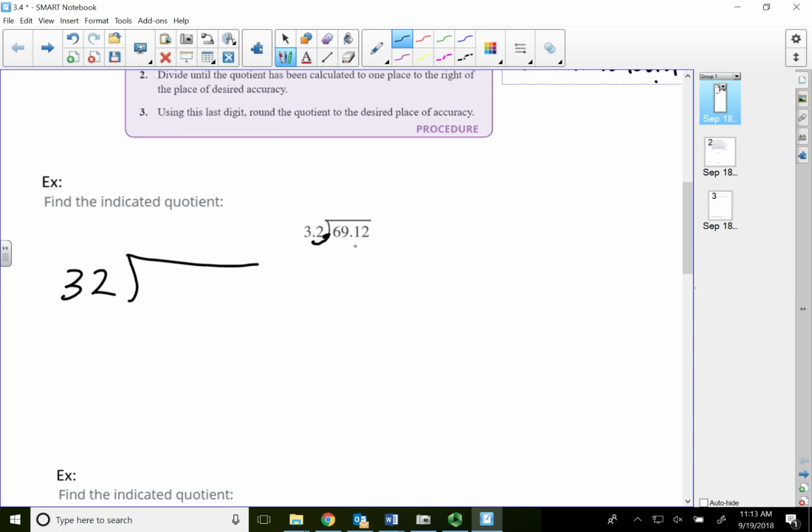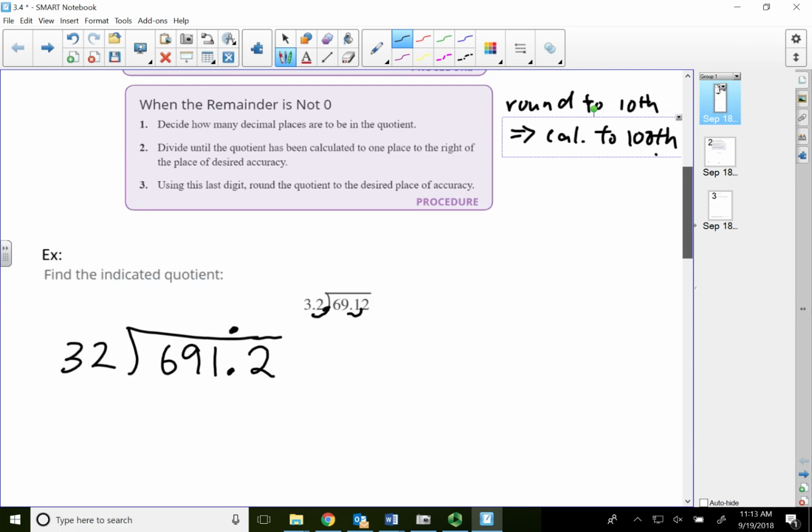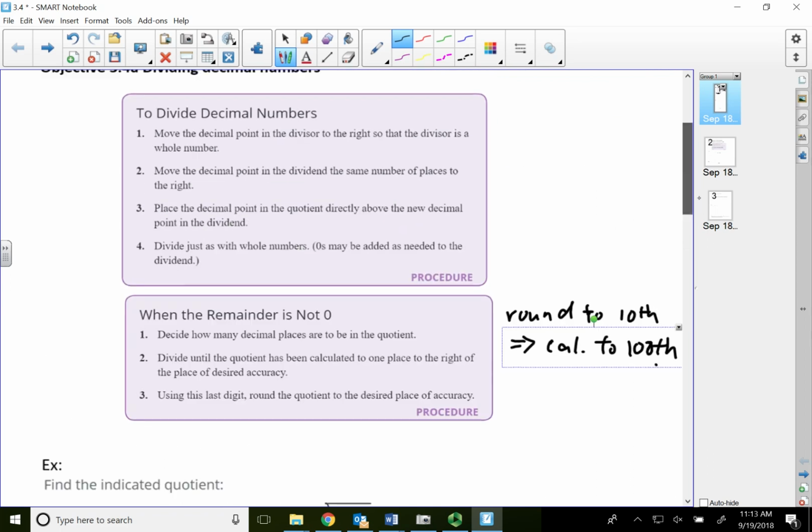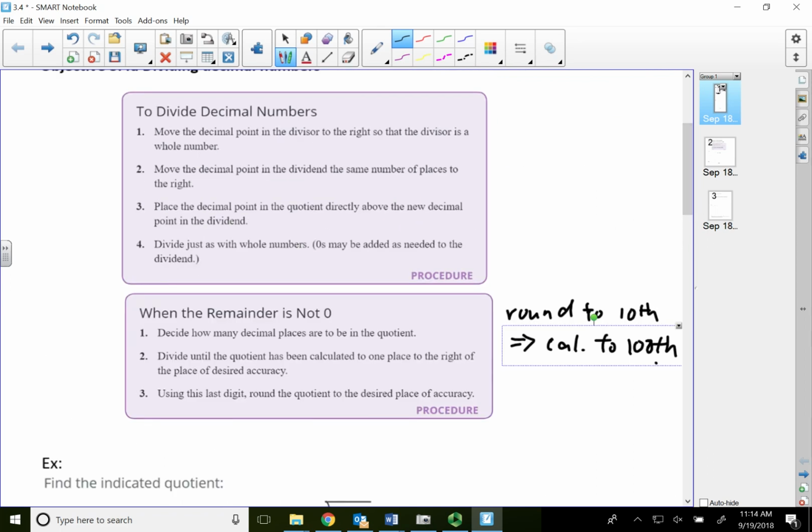I need to do the same thing for my dividend inside, so I move one place to the right, and my dividend becomes 691.2. I put my decimal directly above, on the quotient's place, so I know this decimal is not going to be moved again. Sometimes the procedure also says we need to add more zeros, so that all depends.